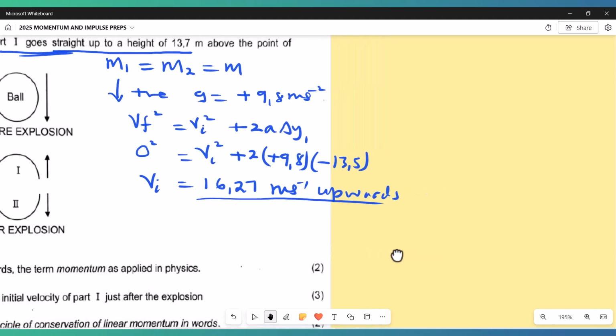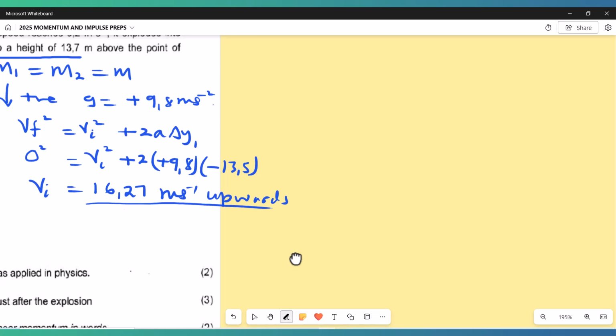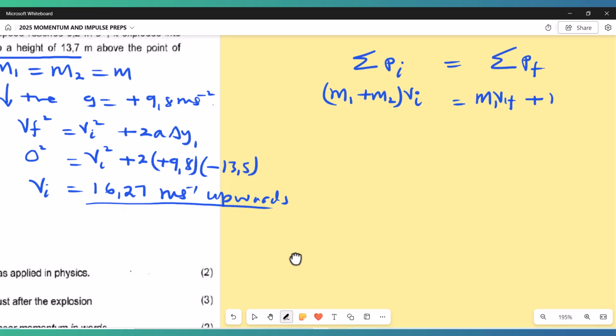I'm going to say that the total linear momentum before collision equals the total momentum after collision. So that means m1, which was together with m2, remember they were combined and moving together at the same initial velocity because the ball was not yet split, equals m1 u1 final plus m2 v2 final.